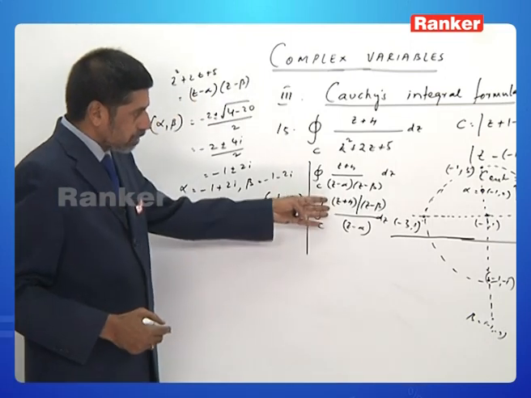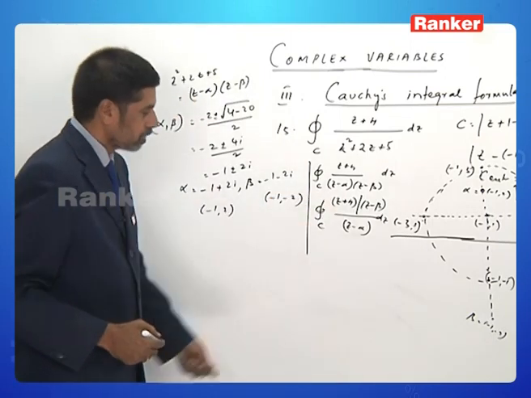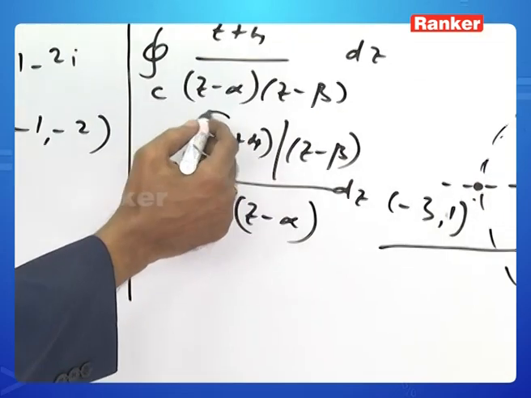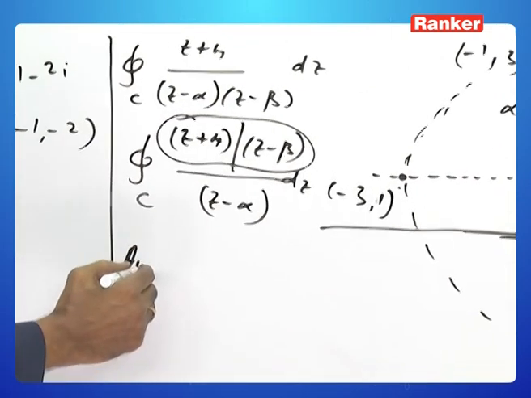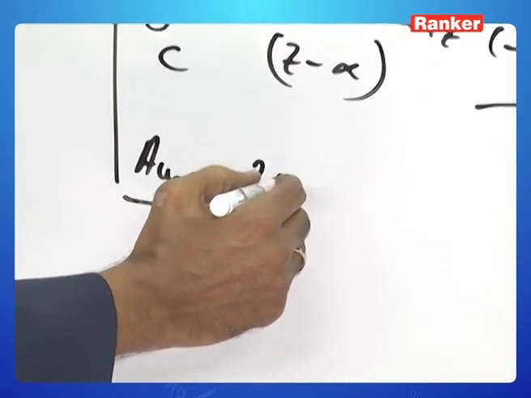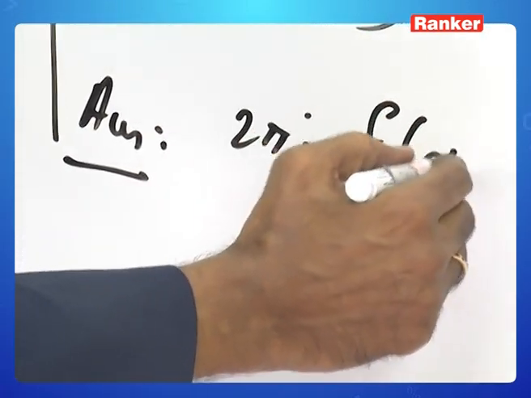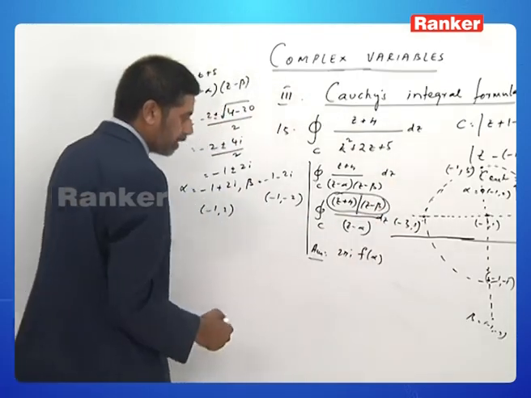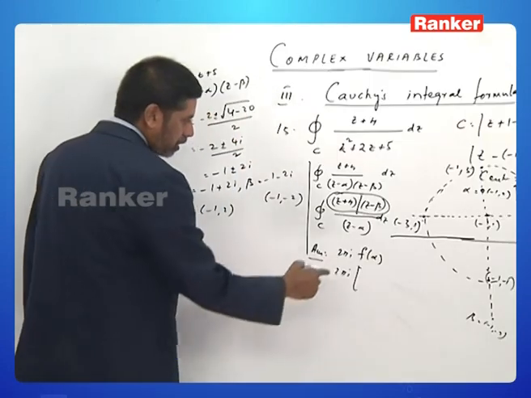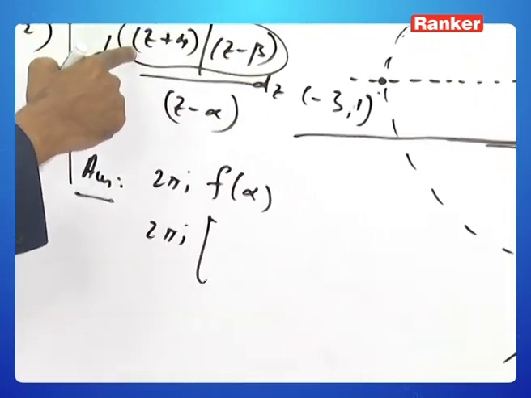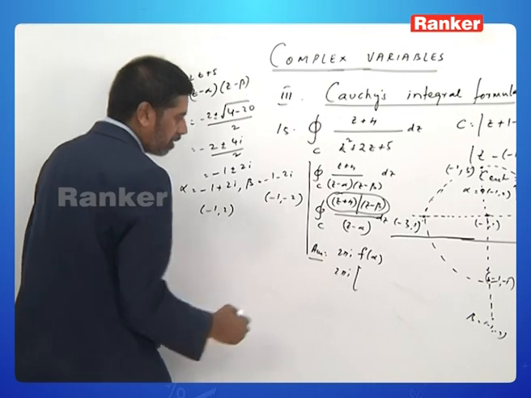So to this you can apply the Cauchy's integral formula. So if you take this as f of z, then the answer should be 2 pi i f of alpha, because alpha is a singularity. So this is nothing but 2 pi i into f of alpha, meaning replacing the numerator with alpha.